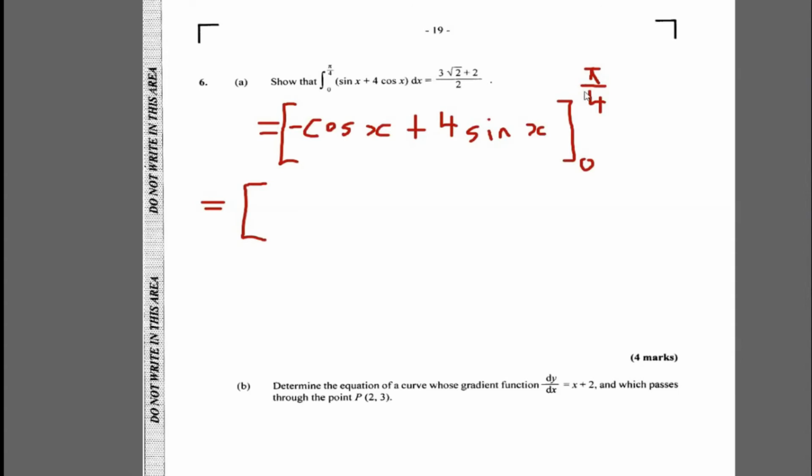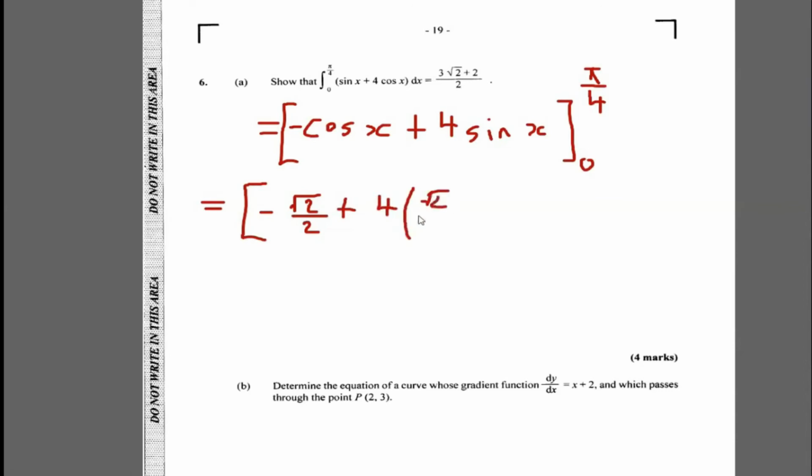Which is the cos of 45, and the cos of 45 is what? Cos of pi by 4, that's root 2 over 2. So when I put in that, I get minus root 2 over 2. Then I put in sine pi by 4, which is plus 4 times root 2 over 2.